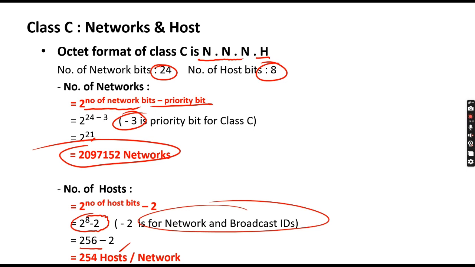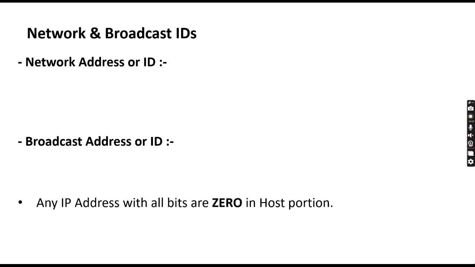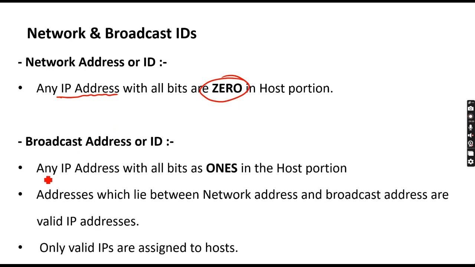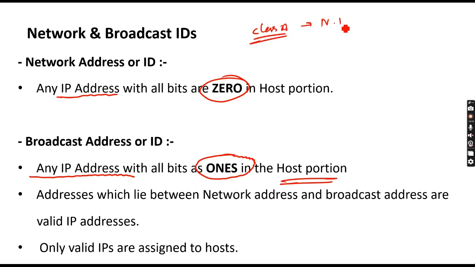Fine. Now, what is this network and broadcast ID? Try to understand. Read this. Any IP address with all zeros in the host portion is called the network ID. And what is broadcast? Any IP address with all bits as 1 in the host portion is considered as broadcast. For example, if it is class A, this is the octet format: network, host, host, host.